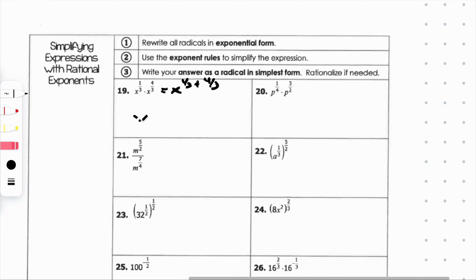So that's going to be equal to x to the 5/3. And now we want to rewrite this as a radical in simplest form. So we have m is equal to 5, the numerator of our exponent, and n is equal to 3. So this is going to be the same thing as the third root, n is our index, of x to the 5th. Okay, something like that.